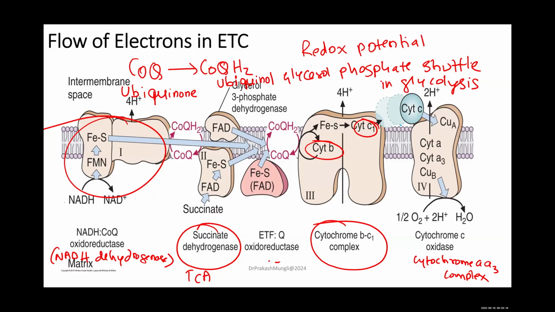And sometimes we write complex 1, 2, 3, 4, 5 as options A, B, C, D, E. Easy. Some other time, some authors, even me, we write NADH CoQ oxidoreductase, then succinate dehydrogenase, then I write cytochrome BC1 complex, cytochrome AA3 complex, ATP synthase.